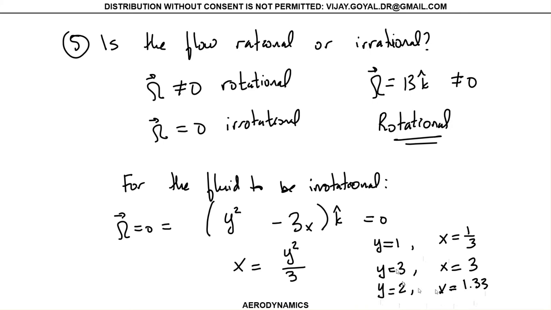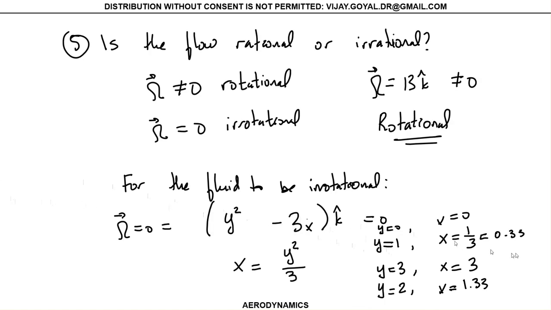So these are all the possible combinations where this fluid is actually irrotational. So what you could do is plot this equation right here with many values and find where this is actually irrotational. So this is equal to 0.333, and if this was 0, then you have x equal to 0.